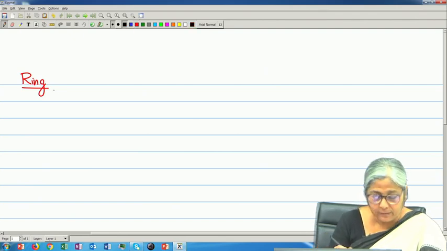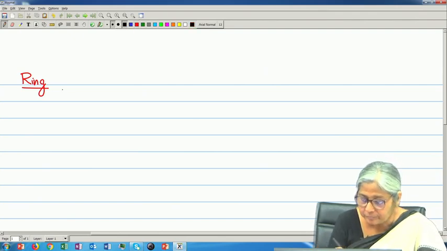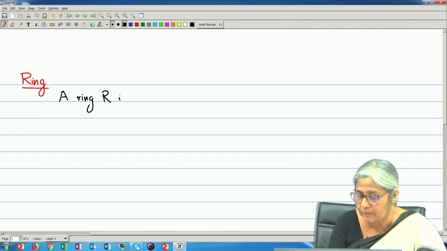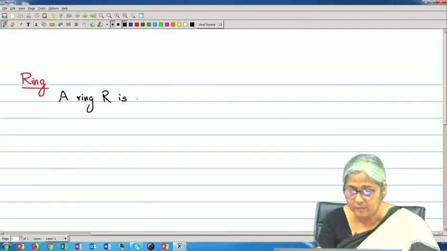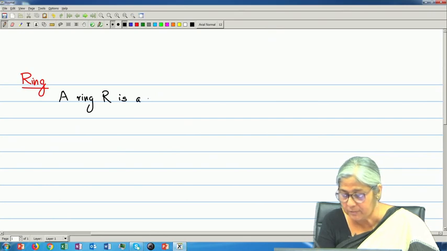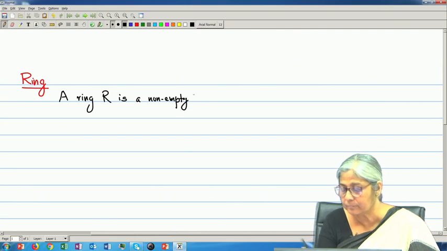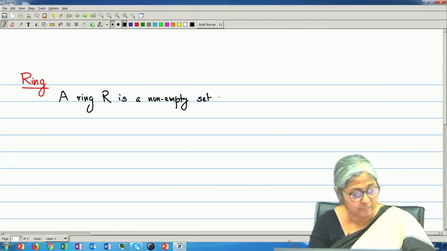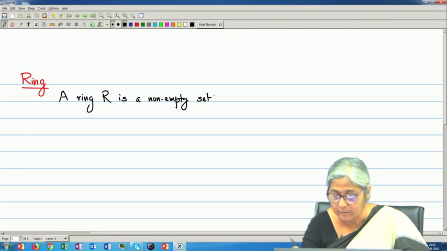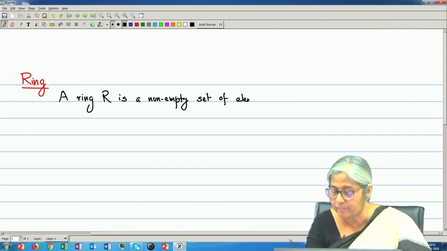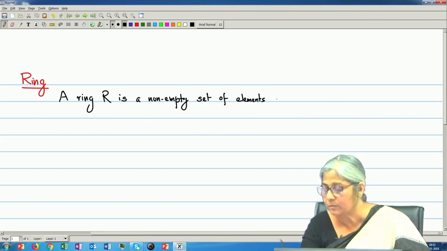So, if I give the definition, a ring R is a non-empty set of elements with two binary operations.